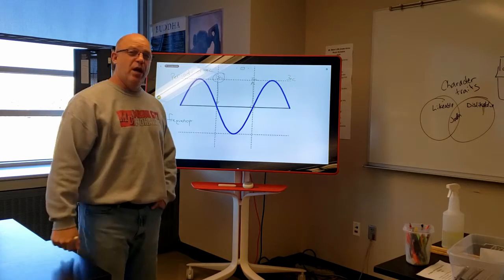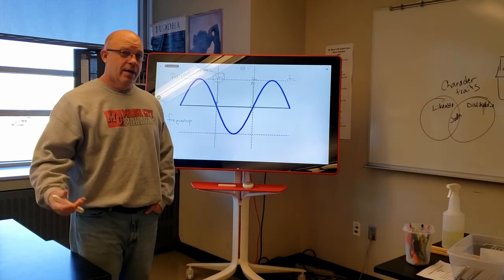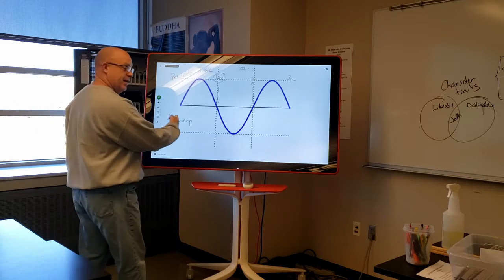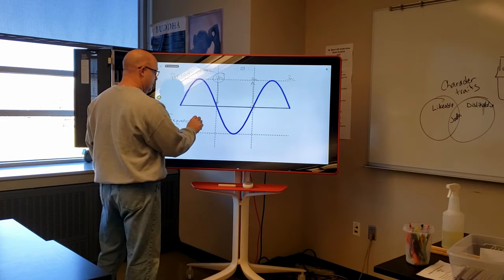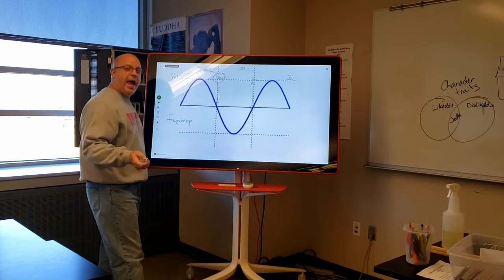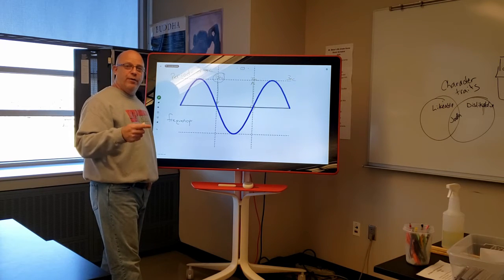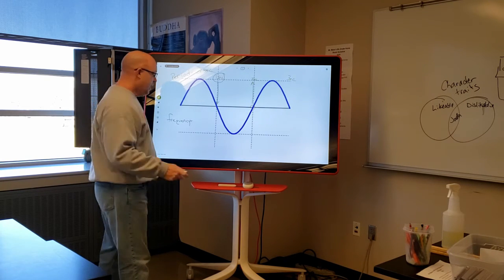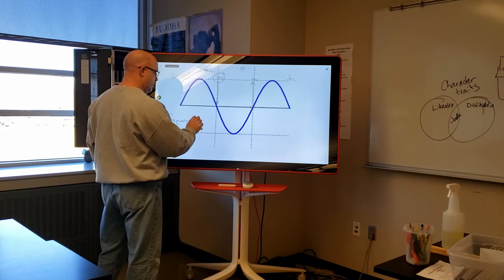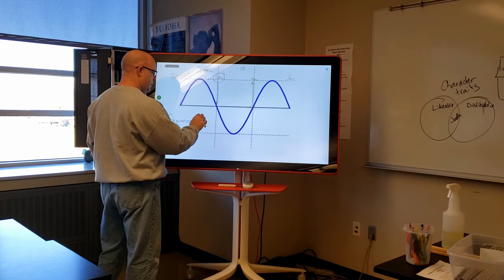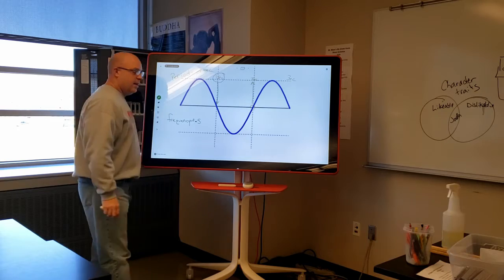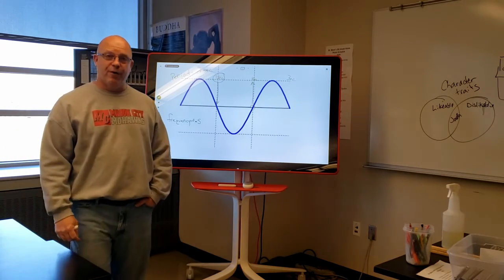Well, in this case, we only have a half a wave. So the frequency of this wave is equal to 1/2. But in science, we don't write fractions, we write decimals. So 1/2 as a decimal is 0.5. That's the frequency, 0.5.